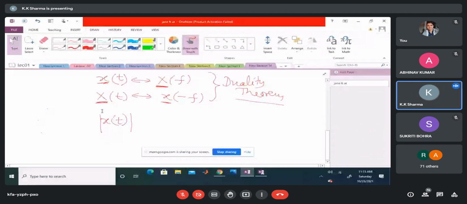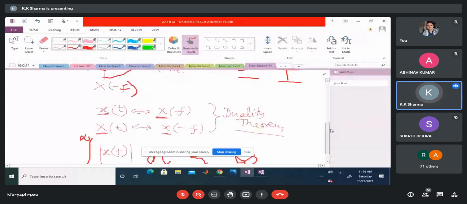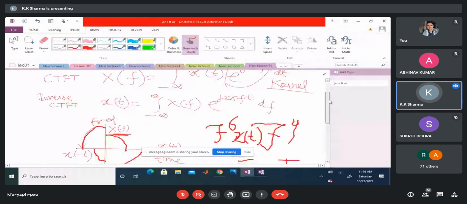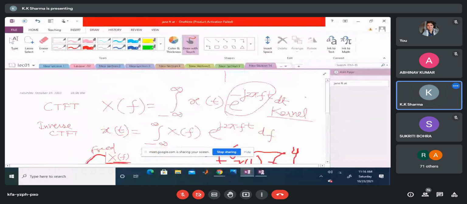If you integrate this function from minus infinity to infinity dt, this entire expression should be finite, less than infinity. Then only you can compute this x of f using this definition of CTFT. So the function should be absolutely integrable.